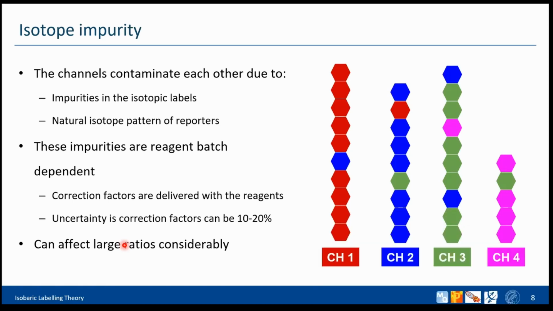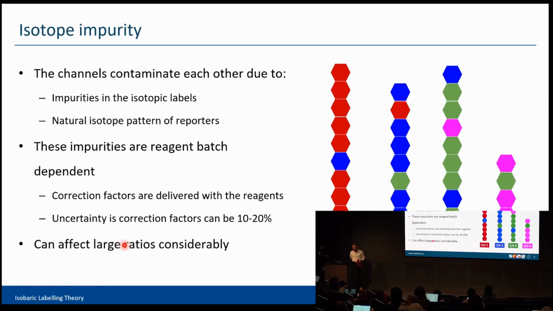The reason for this is it can just naturally happen, right? Isotopes evolving. There are also impurities in the labels, and this can cause these impurities in your channel. These contaminations can actually sum up to 10 to 20%.